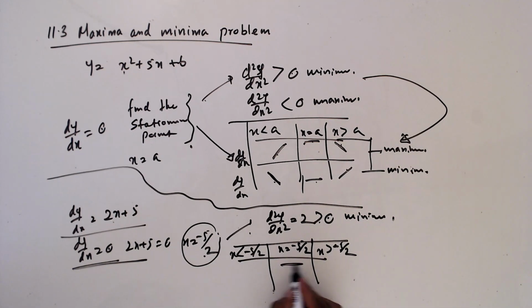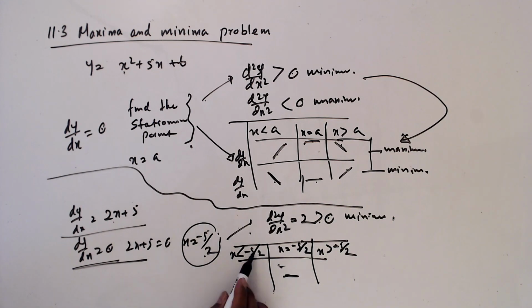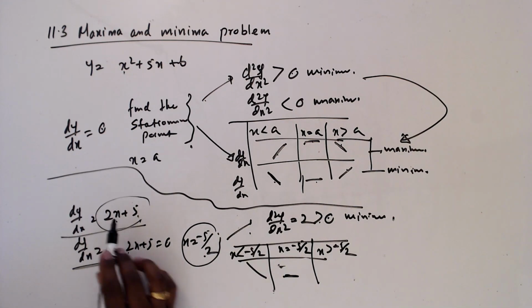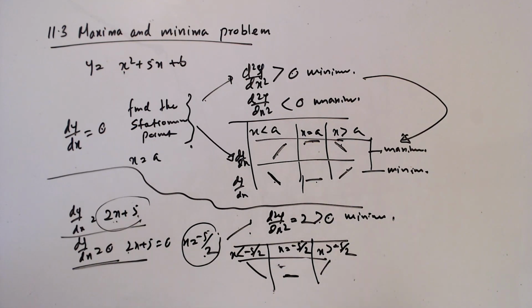The gradient is 0 at the stationary point, and when you put any value less than minus 5 by 2 into the gradient, we will get a negative, and any value greater than minus 5 by 2, even 0, gives a positive. So this is the second way you can work it out. So this is maxima and minima, the revision of differentiation. So we are going to apply it to this section now.